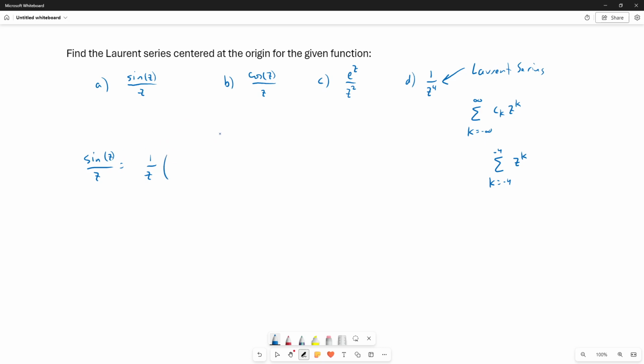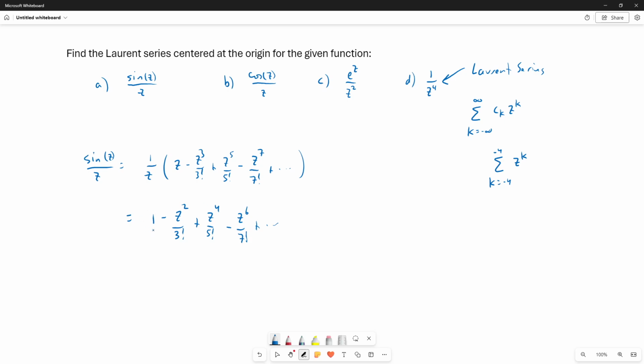The Maclaurin series for sine z is z minus z cubed over 3 factorial plus z to the 5th over 5 factorial minus z to the 7 over 7 factorial, etc. Multiplying by 1 over z gives 1 minus z squared over 3 factorial plus z to the 4th over 5 factorial minus z to the 6th over 7 factorial, etc.